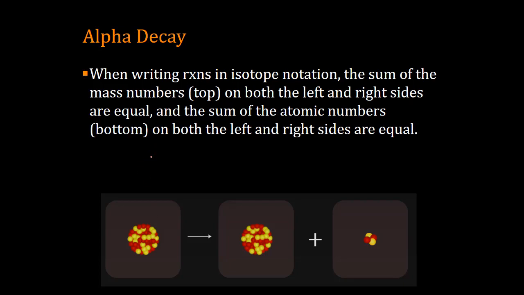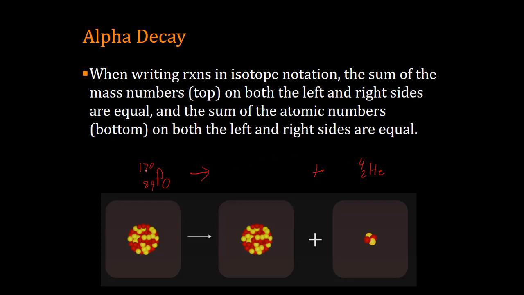When we write these in isotope notation, we start with polonium, and 84 is its atomic number, and let's just say we had 170. I don't know what it is really. We know we're going to end with helium, the alpha particle, helium-4. The mass numbers on the left have to equal the mass numbers on the right.